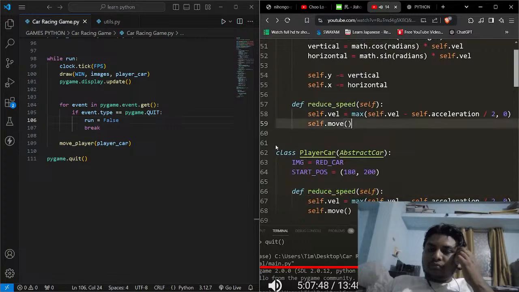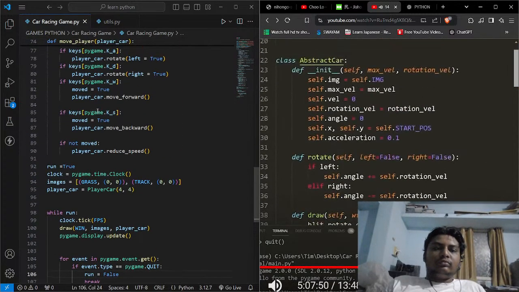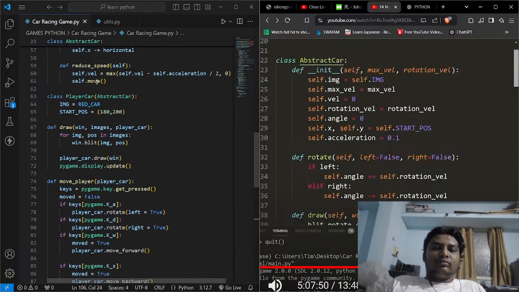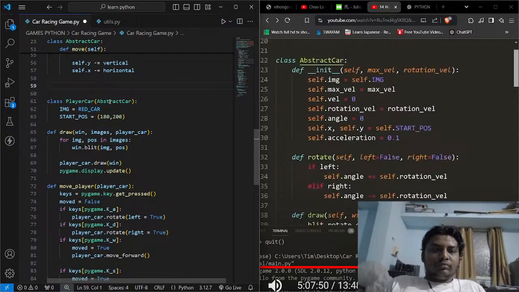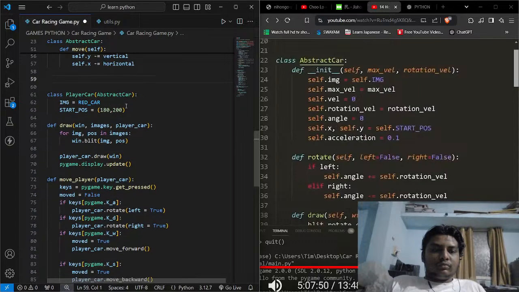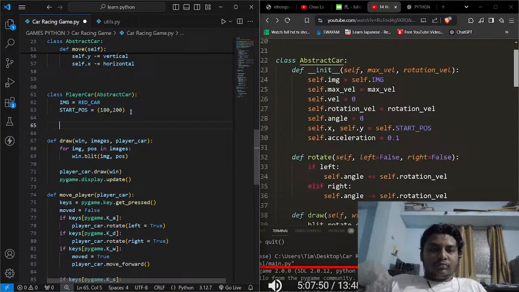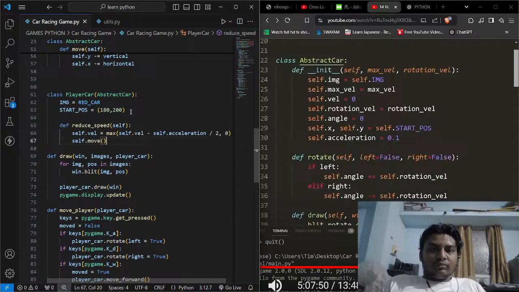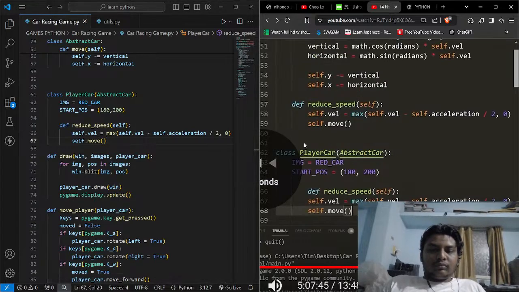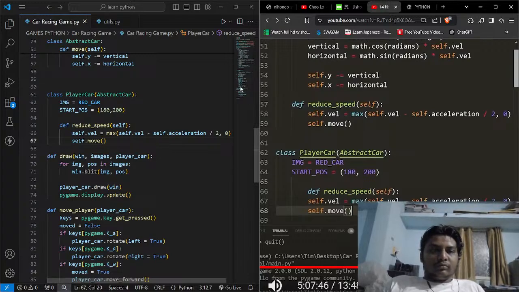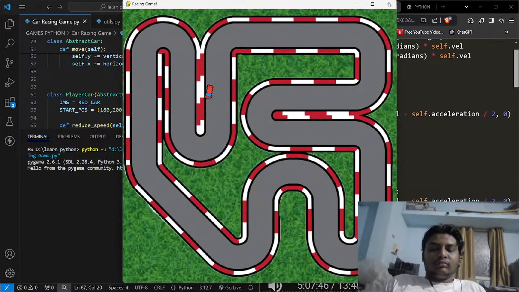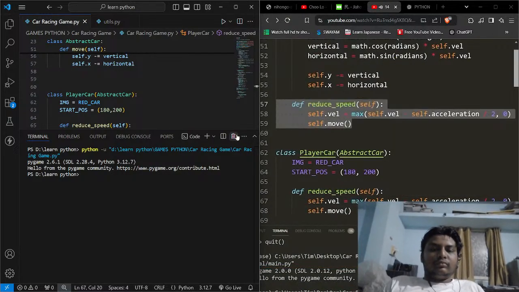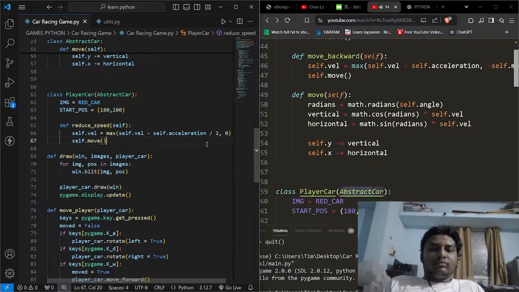Reason being that my computer, which is going to inherit from this abstract car class as well, does not need to be able to reduce its speed.